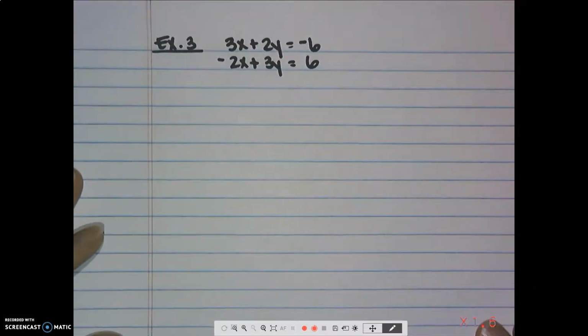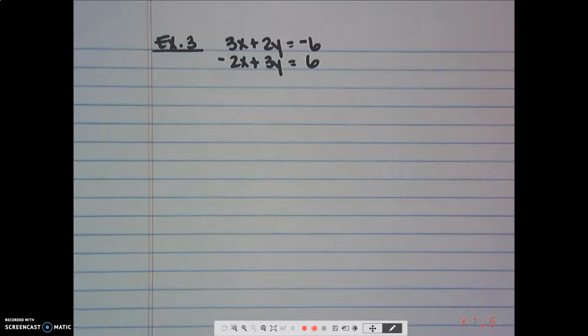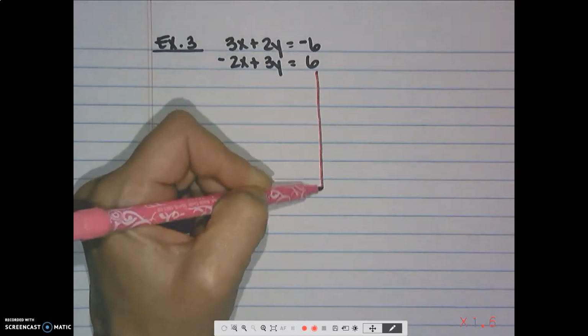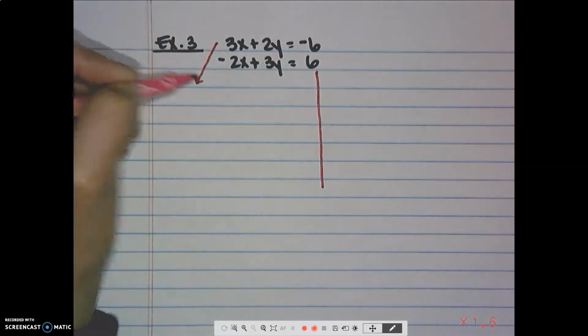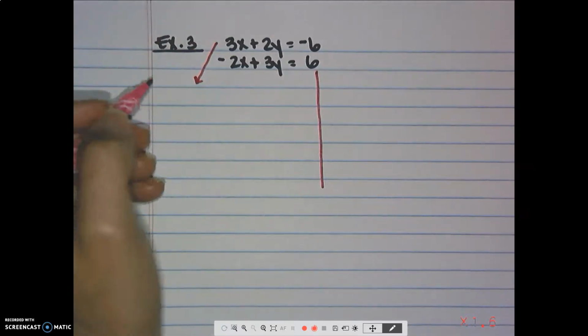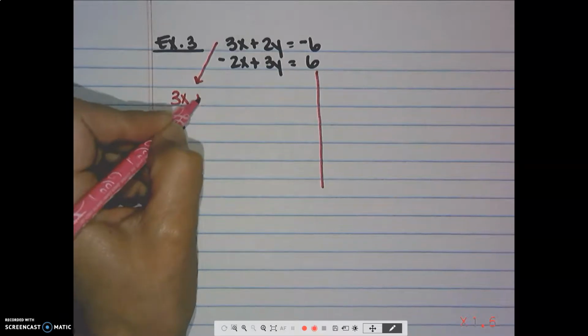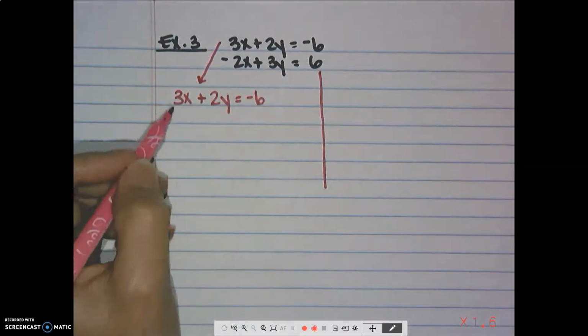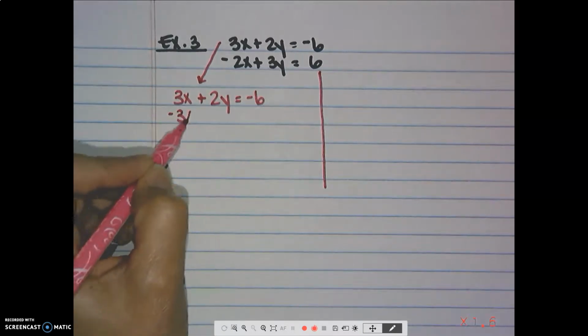So we have 3x plus 2y equals -6 and -2x plus 3y equals 6. So here we do need to do work for both of them. So I'm going to go ahead and draw my line down the center there. You can kind of choose to do it however you want. So we have 3x plus 2y equals -6. We're going to move the x's.